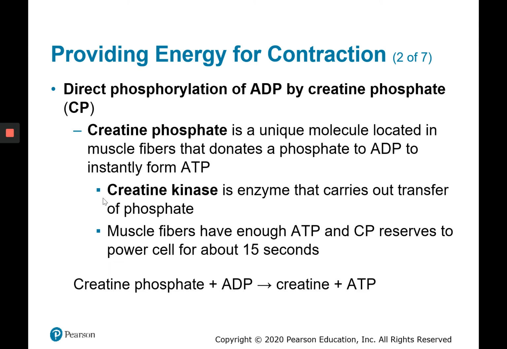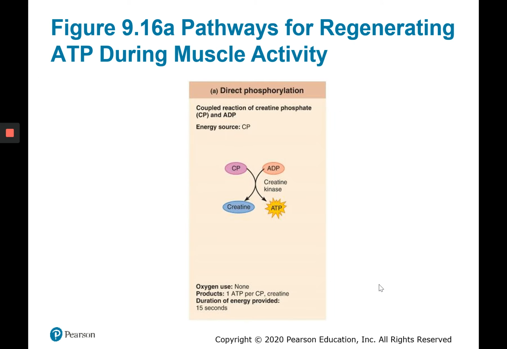For direct phosphorylation of ADP by creatine phosphate, we're going to see an enzyme called creatine kinase be used to take a phosphate from creatine phosphate and add it to ADP to make ATP. It's quick, it only takes 15 seconds, and we get 1 ATP for every creatine phosphate we use.